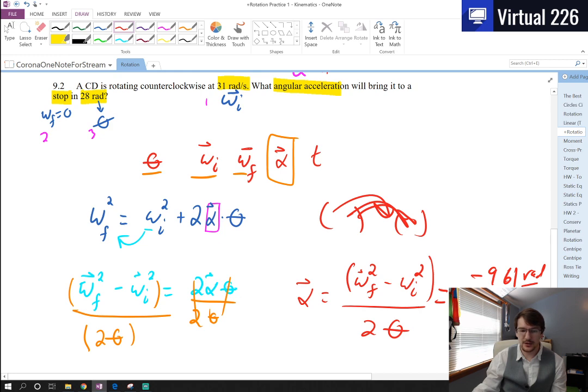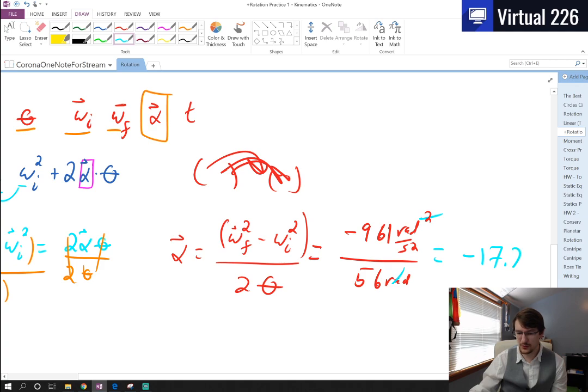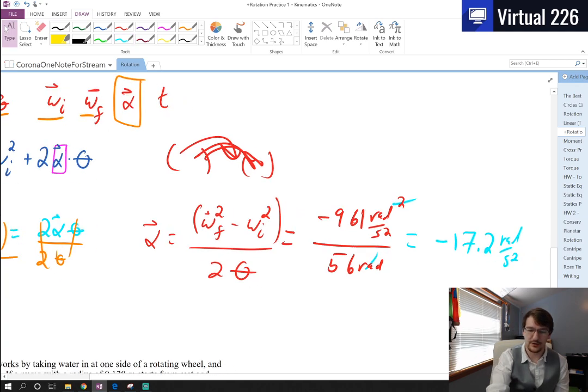In our denominator, we're going to have 2 times the 28 radians, or 56 radians. Oops, this is actually going to be radians squared per second squared. When we divide those, one of the radians is going to go away, which gives us our final answer of negative 17, we'll just round up to 2 radians per second squared as our final answer there.